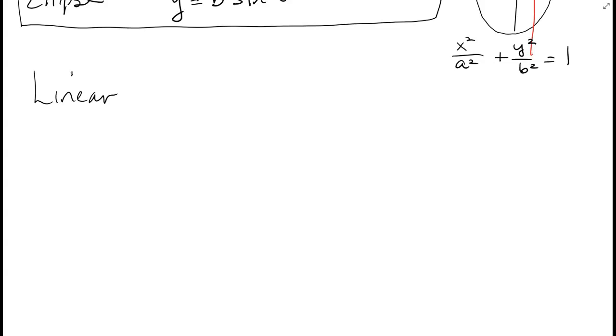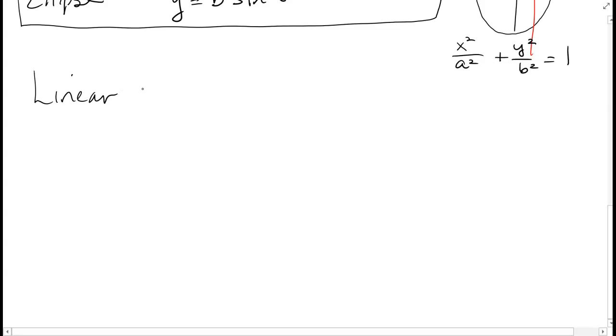You might be thinking, but wait, unless it's a perfectly vertical line, a linear equation is already a function. That's okay, because putting it as a parameter is actually going to give us more information than the linear equation would give us.